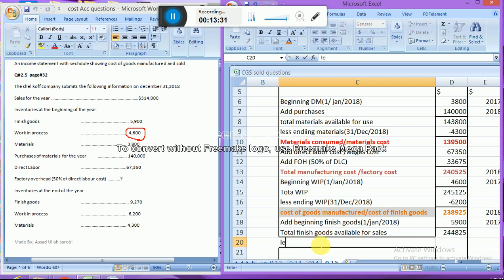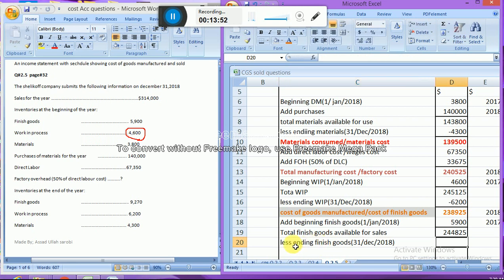So that is less ending finished goods. Ending finished goods means the finished goods remaining on 31st of December 2018. Locate the 9,270, that is unsold.